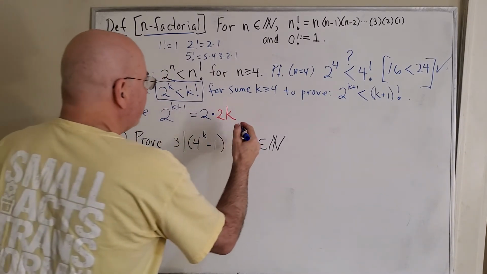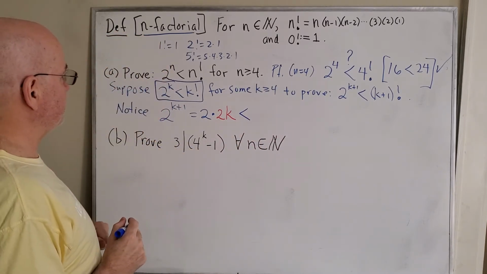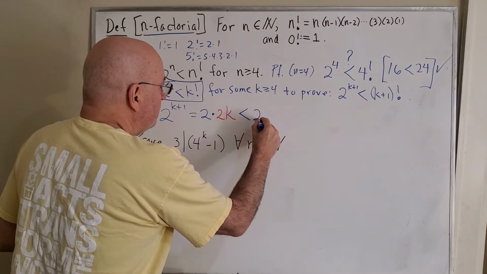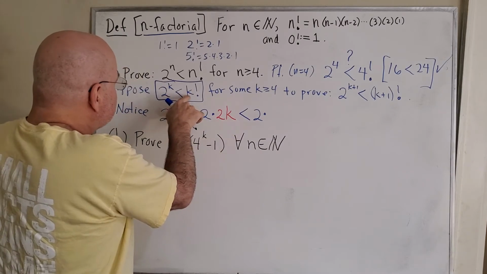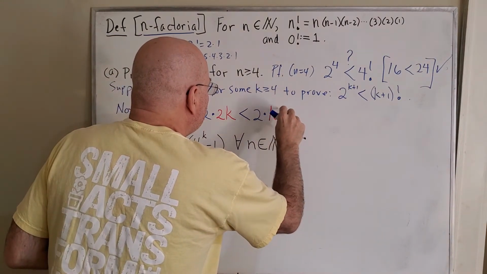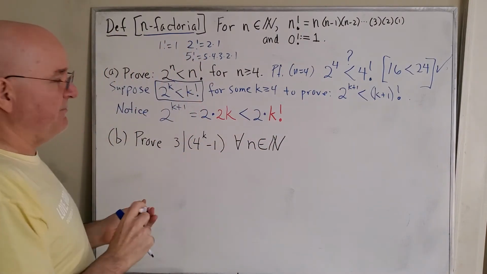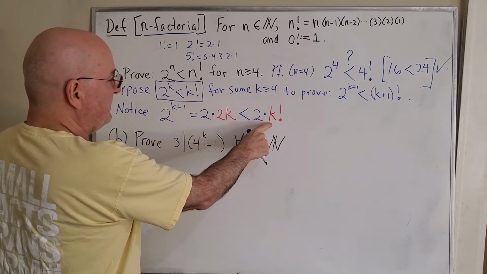And what can I say that's less than using the inductive hypothesis? Well, 2 is just equal to 2. But 2 to the k is less than k factorial. So that statement I can make in red. I just rewrote this. 2 to the k is less than k factorial.